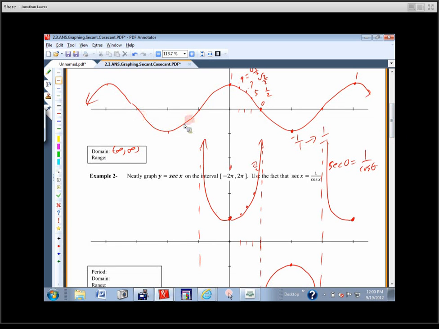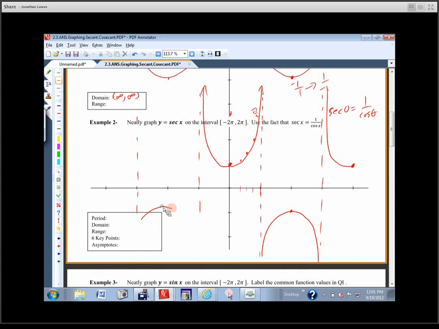What about over here? Those would be big negative numbers. So again, here's the 0. We're going to have an undefined point on the graph right here, so it's going to have a vertical asymptote. And we'd have a graph that looks something like, I won't draw the whole thing so it doesn't get in the way, like that. And then you can probably guess what this piece would look like. It would look like that.